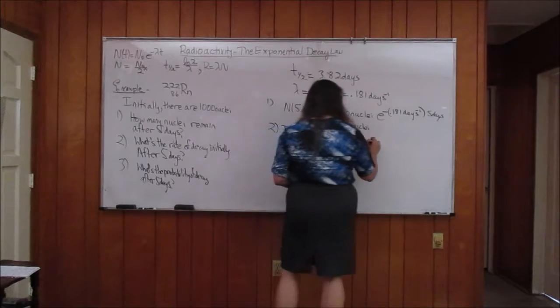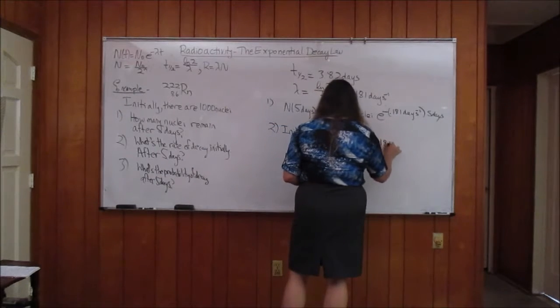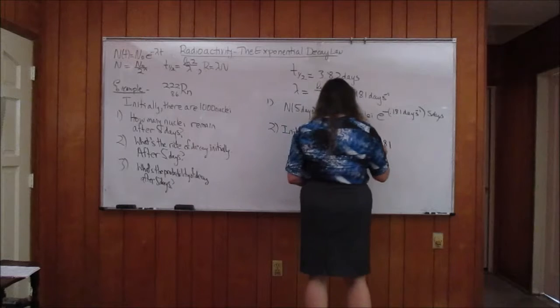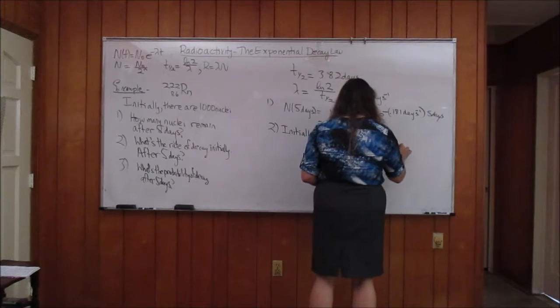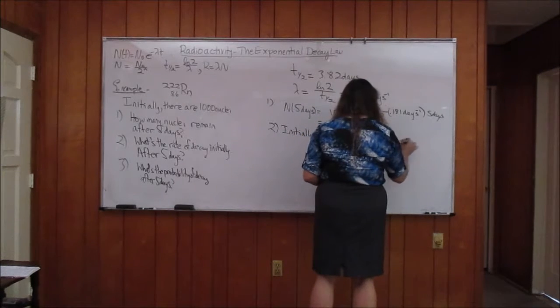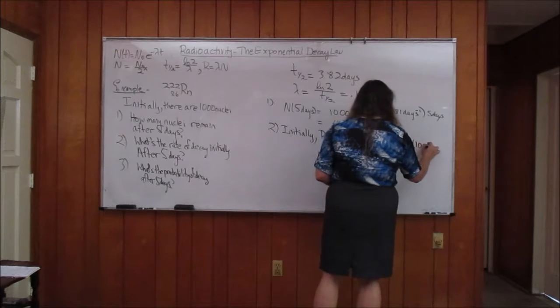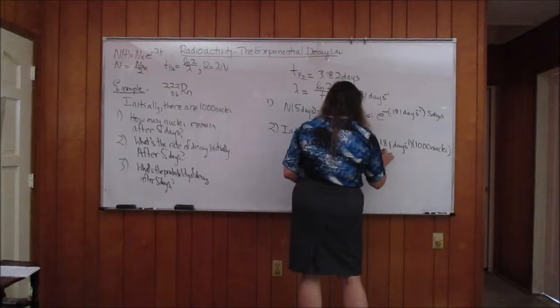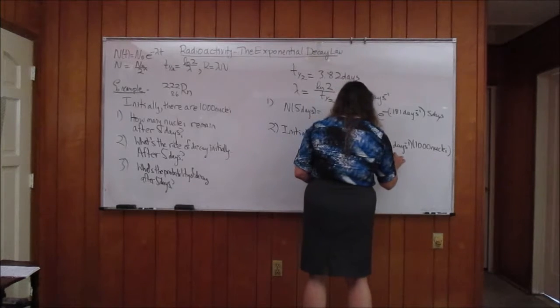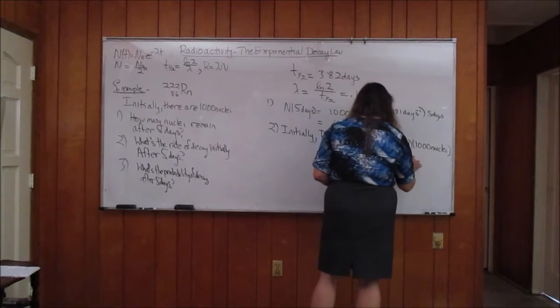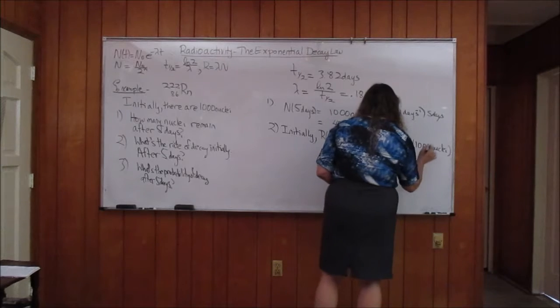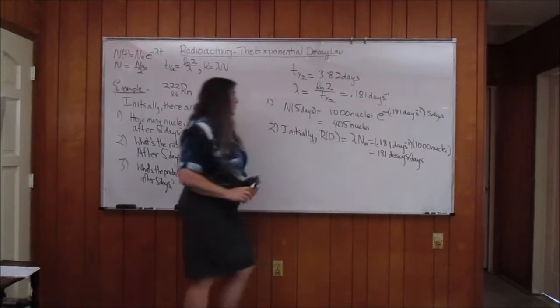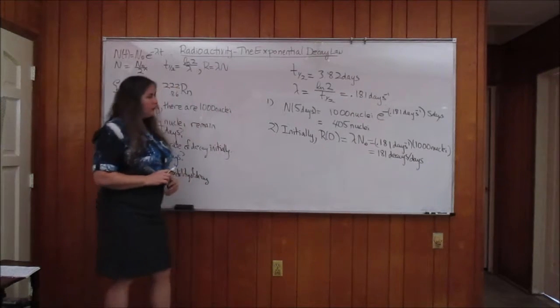So this is equal to 0.181 inverse days times 1,000 nuclei. So you'd expect there to be 181 decays per day.